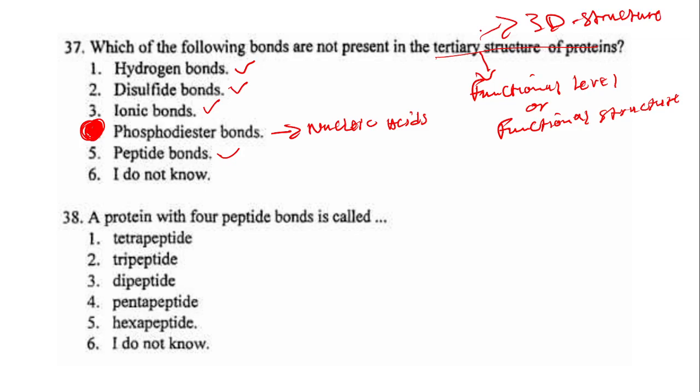Any change in the 3D structure of a protein makes its physical and chemical characteristics change. For example, let's say beans.